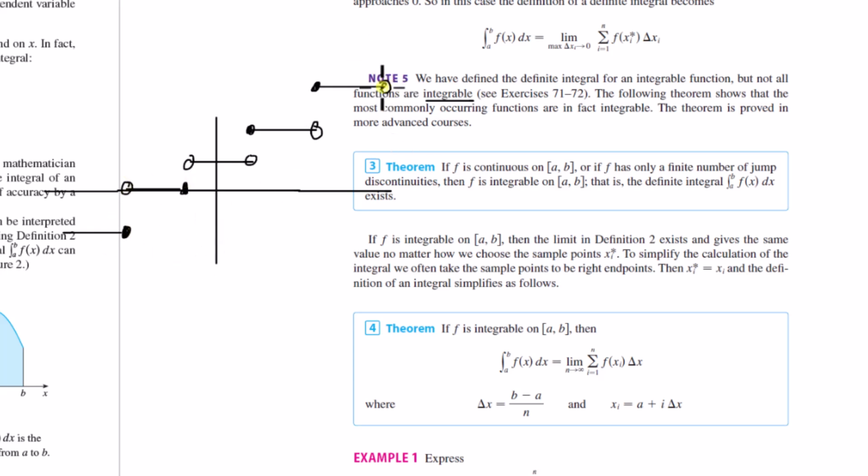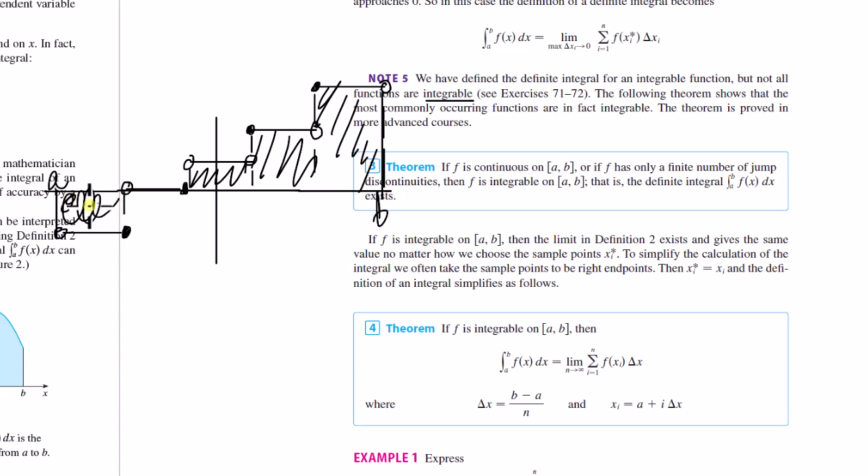They're saying here that this is integrable. And why is it integrable? Because what's the integral going to be? We're integrating from here, A, to here, B. The integral is this area plus this area plus this area, and then minus this area.